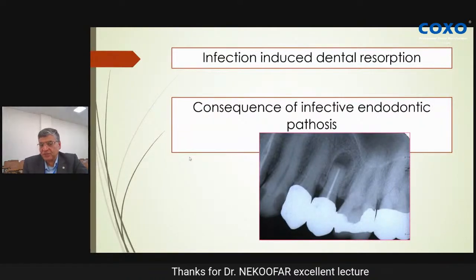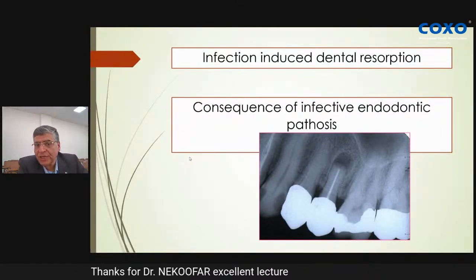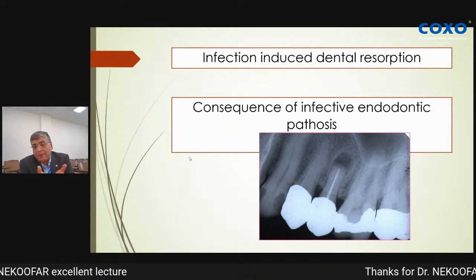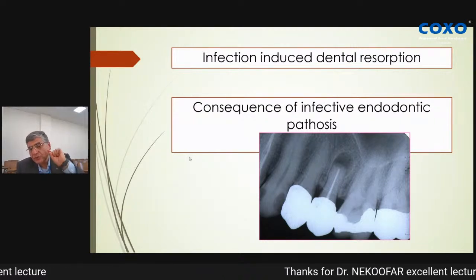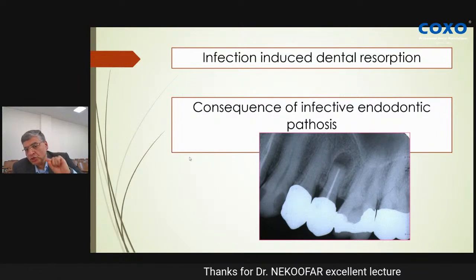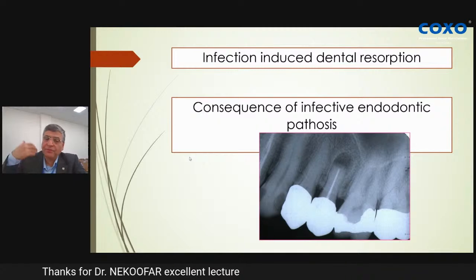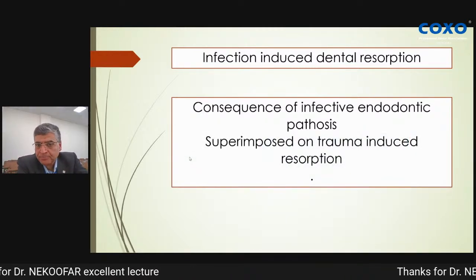So if we have such a thing, we shouldn't initiate orthodontic movement. If we want to apply orthodontic movement, we need to make sure that we do a proper root canal treatment for the tooth first and then start the treatment.